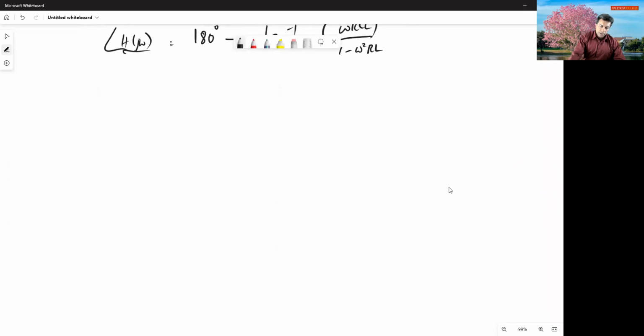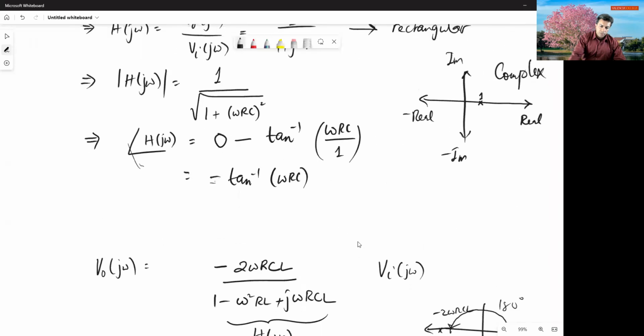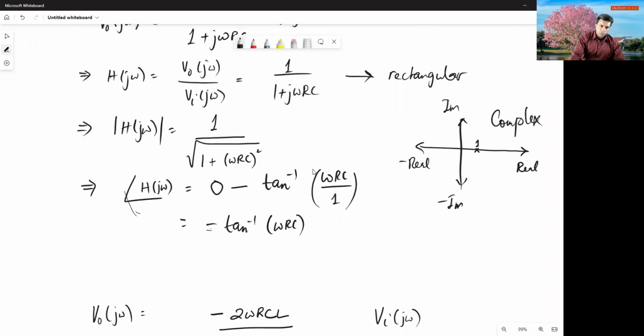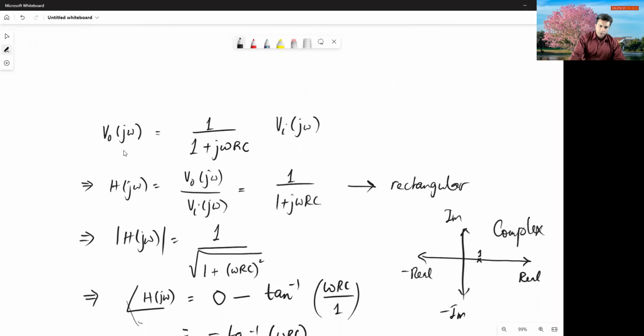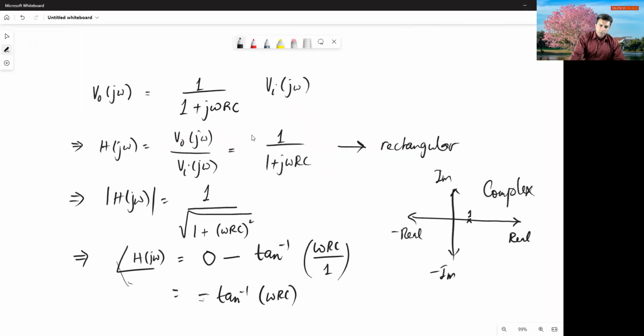Now, if you are required to calculate, let's say, the value of the output voltage for any value of the input voltage, then remember the input voltage is multiplied by the transfer function. This is the transfer function.